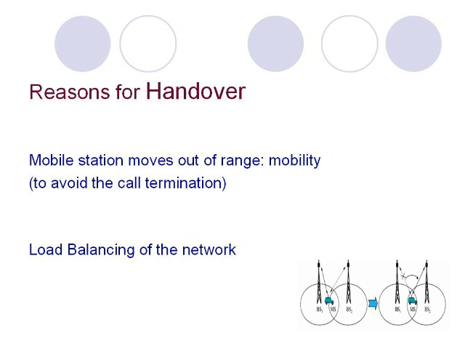Next, let us go through the reasons for a handover. There are mainly two basic reasons. One is the mobility of the mobile station, and the second one is load balancing in the network. For the first case, there is mobility. That means the mobile station moves out of the range of a BTS or a certain antenna of a BTS. The received signal level decreases continuously until it falls below the minimal requirements for communication.